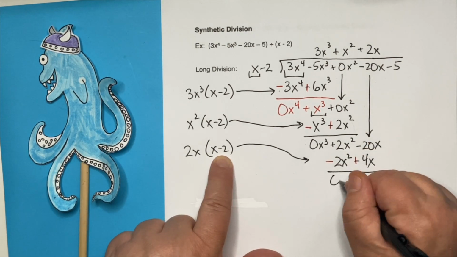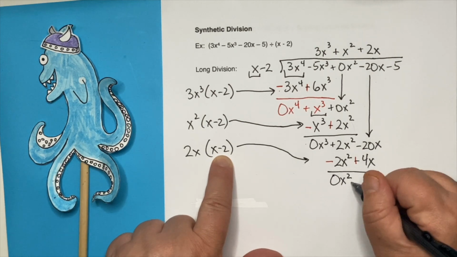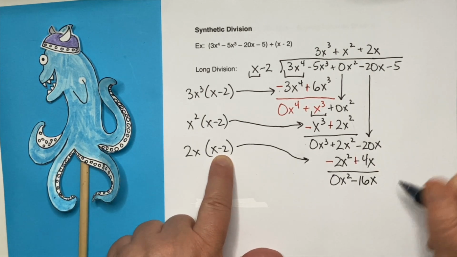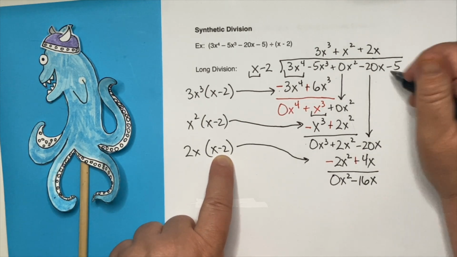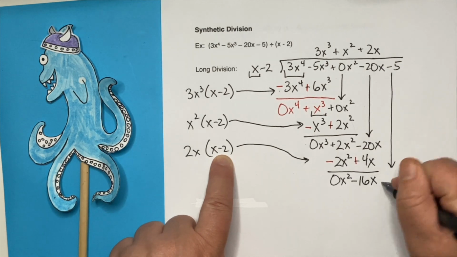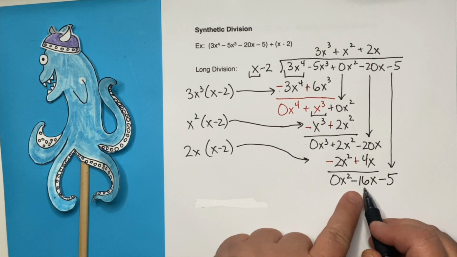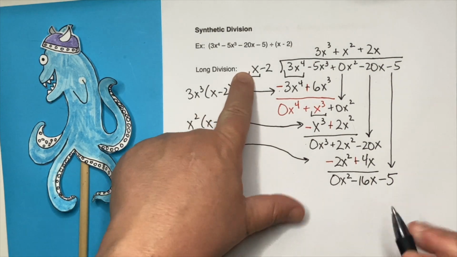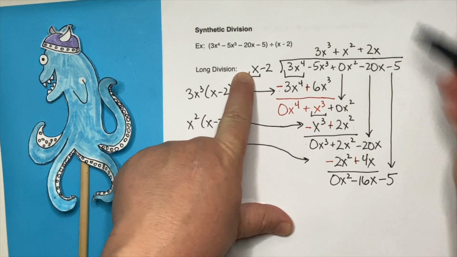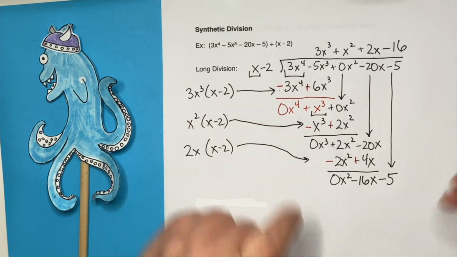And I'm going to change the signs. I'm going to add 0x squared. Oh, this one's a little bit ugly. I get negative 16x, and I bring the negative 5 down. And then I think, okay, what times x gives me negative 16x? Negative 16.